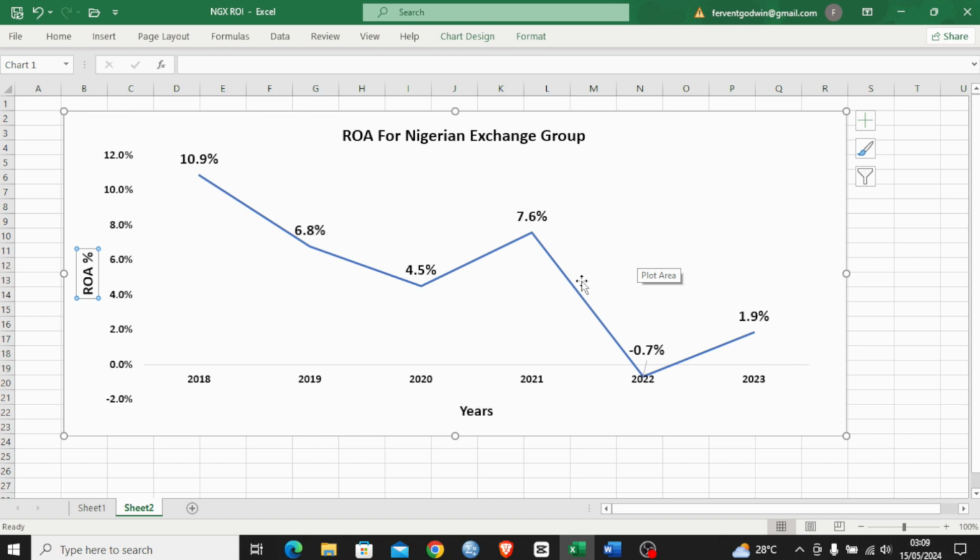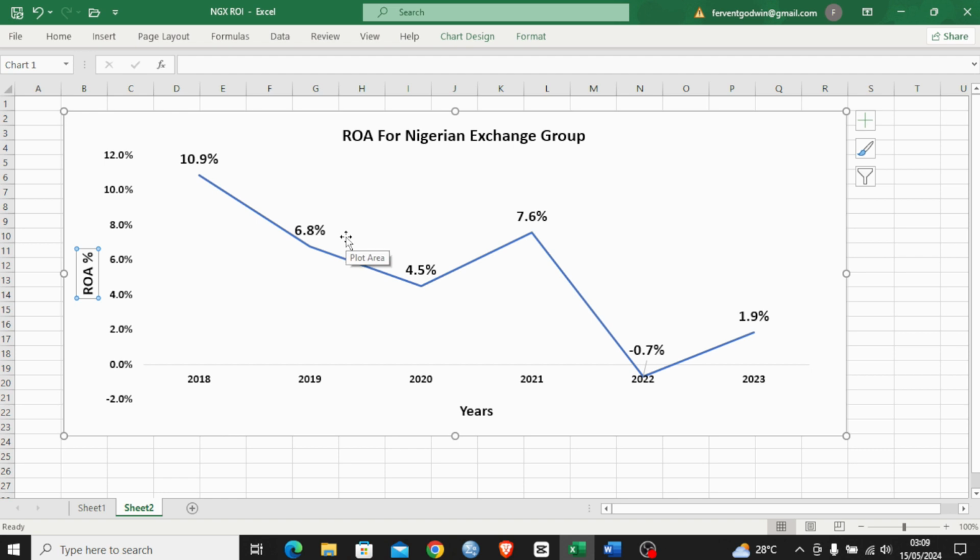This company is a light asset firm, and this trend over the last 6 years is showing a downward trend in their return on assets.